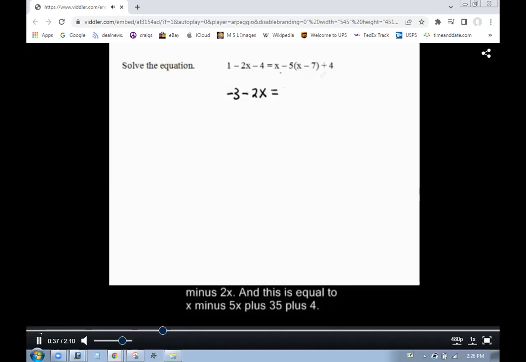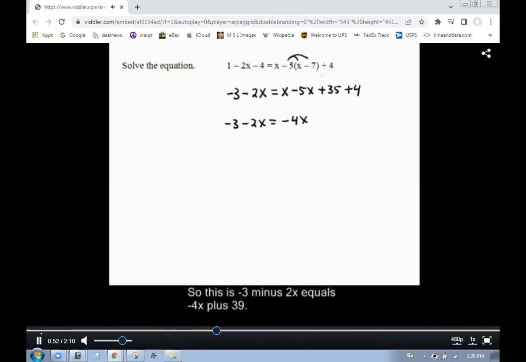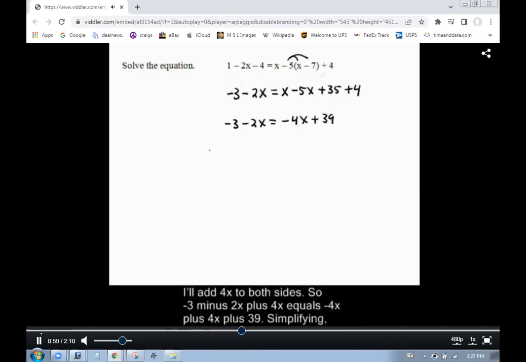and this is equal to x minus 5x plus 35 plus 4. So this is negative 3 minus 2x equals negative 4x plus 39. I'll add 4x to both sides.